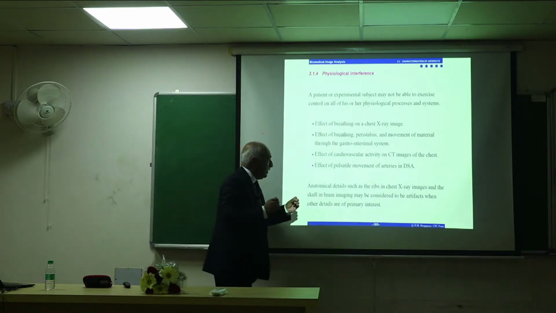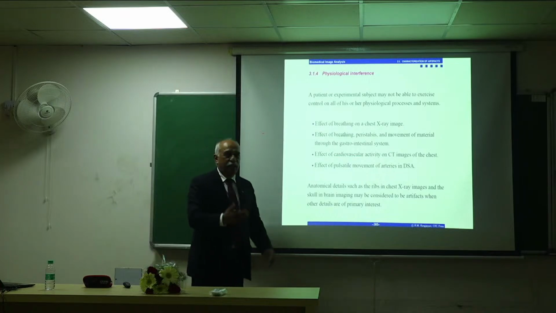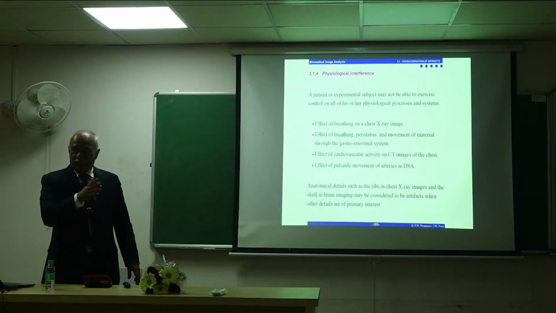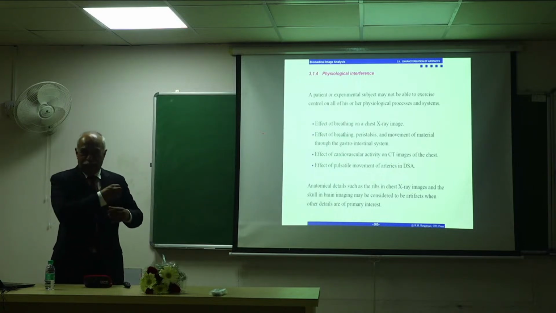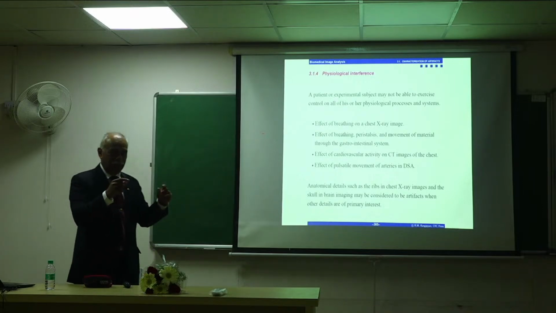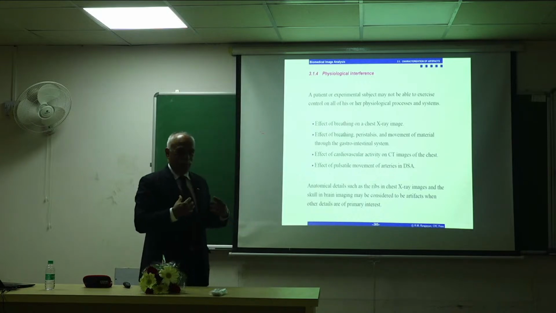So anatomical details such as the ribs in chest X-ray images and the skull in brain imaging and the pectoral muscle in mammograms, they are not of interest. You want to analyze something else, but they are there. So you may want to remove them using image processing segmentation operations. They're not noise, they're normal, but you're not interested in them. You want something else.